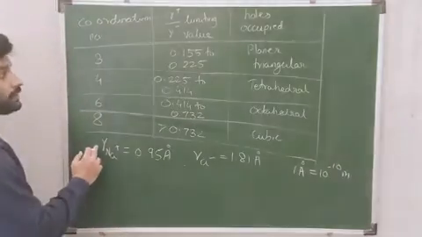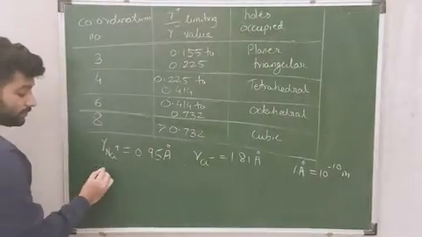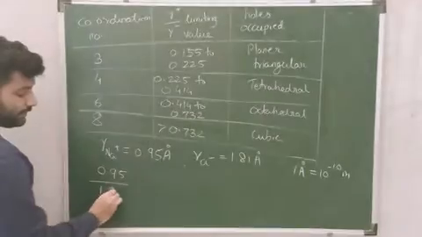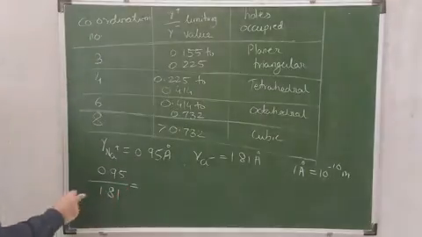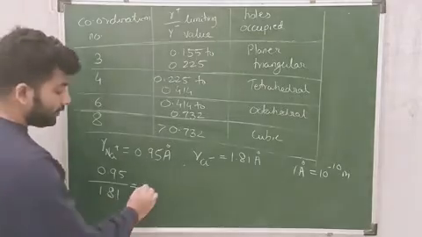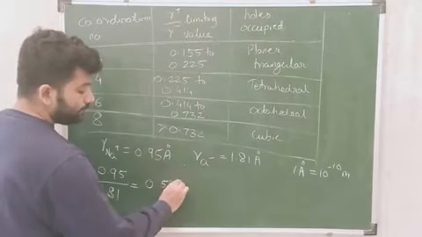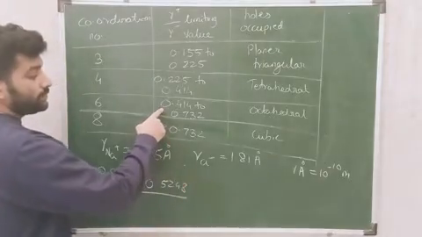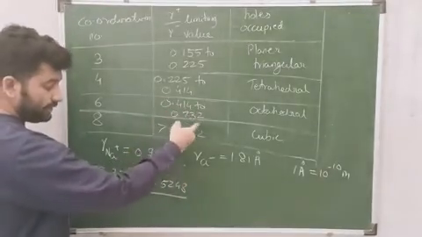So we take plus upon minus: 0.95 divided by 1.81. On dividing these two with the help of log, we get the answer 0.5248. Now our answer lies between 0.414 and 0.732.